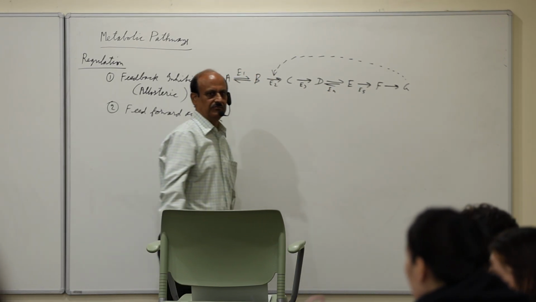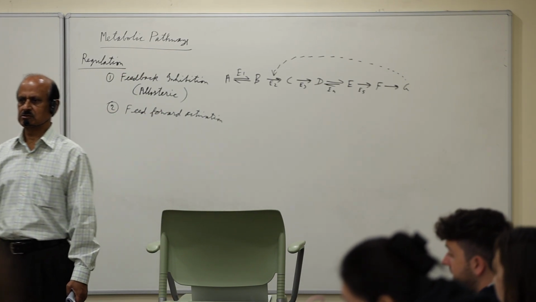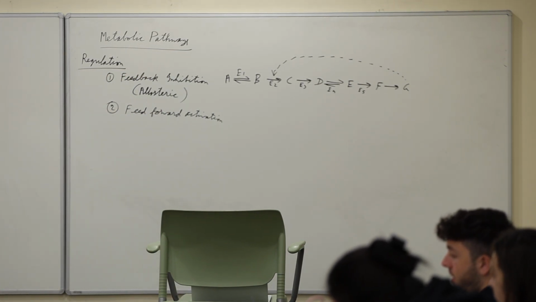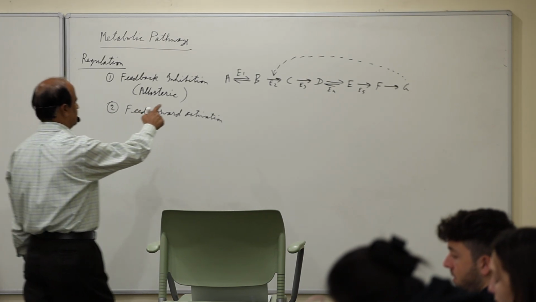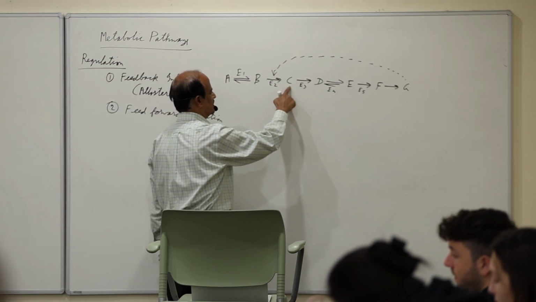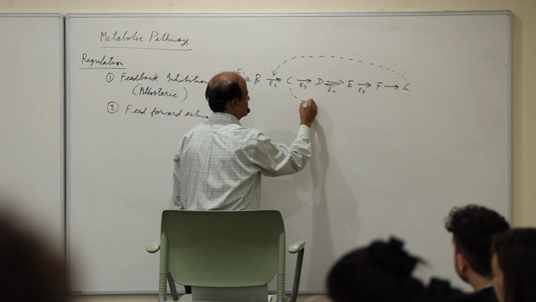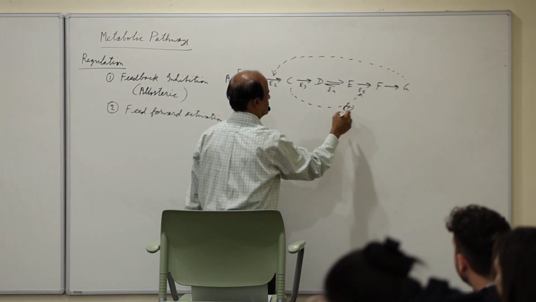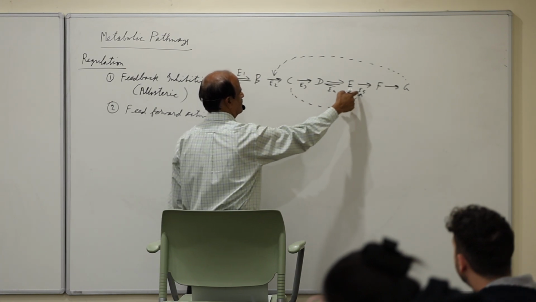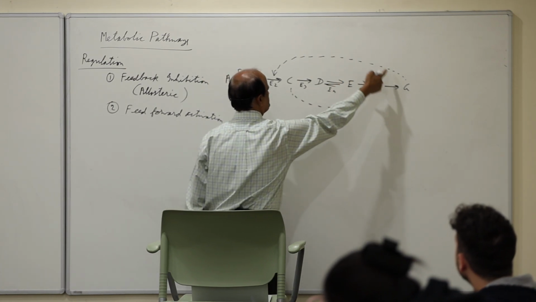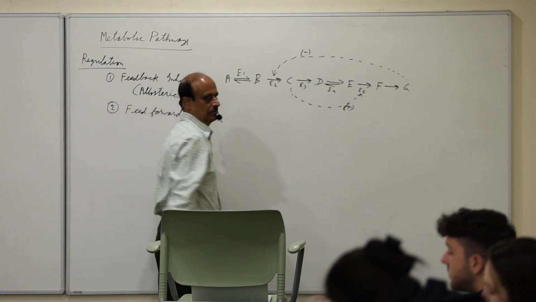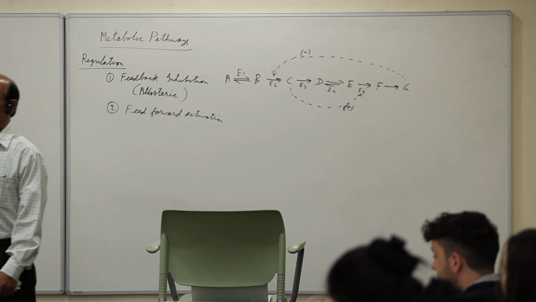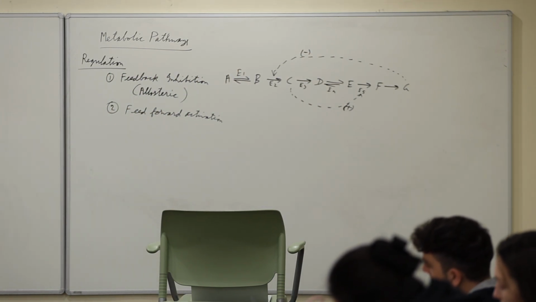So let's say E5 is usually present in a dormant state. It is not active. When this enzyme has been turned on, this C goes and activates this enzyme. So activation is written as a dotted line with an arrow with a plus sign, inhibition with a minus sign on the arrow. Minus sign is inhibits, plus is it activates.